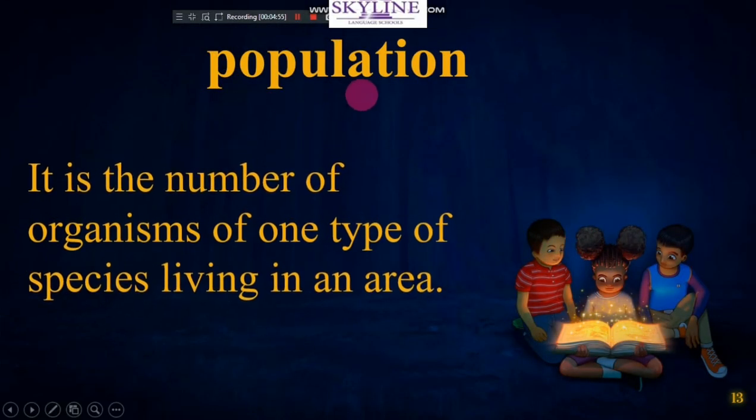So, the number of organisms of one type of species: number of humans, or number of animals, or number of plants. So it must be from one type of species. Okay? Population is the number of living organisms of one type of species living in an area.